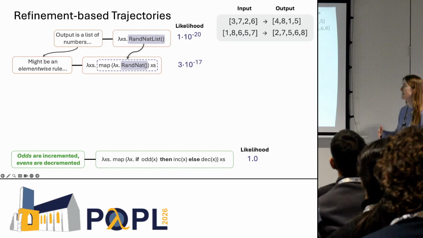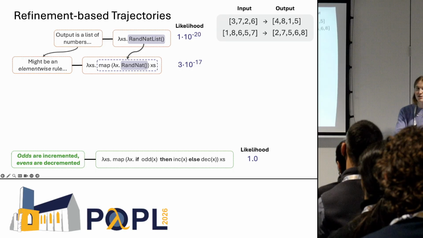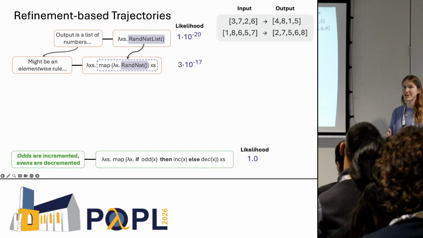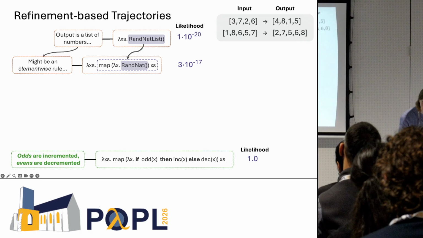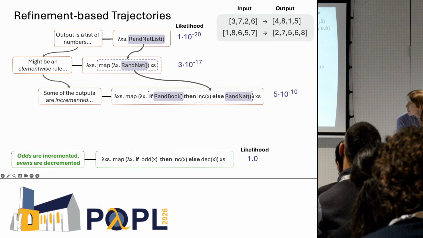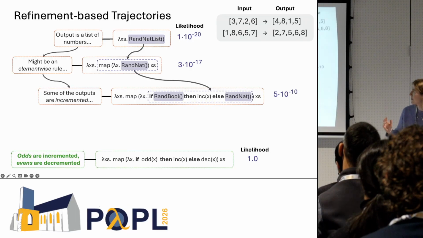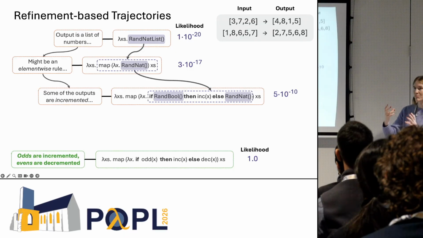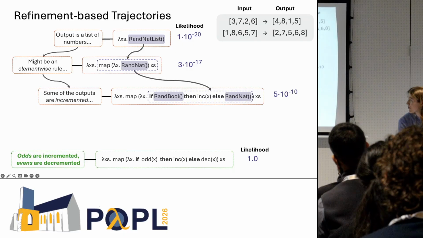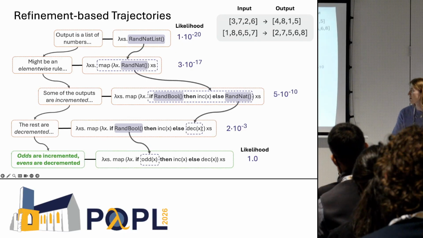So this is going to give much higher likelihood to our examples because samples from this are always getting the correct length. And so on, there's this process of, at each point, replacing some probabilistic part of the program with a chunk of more deterministic code.